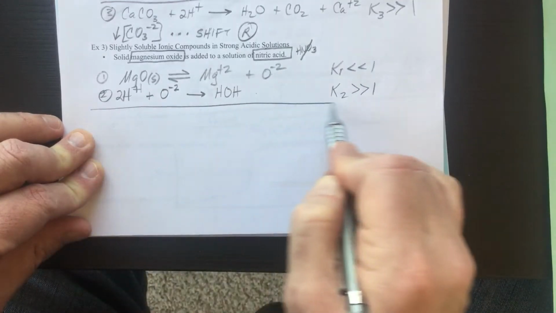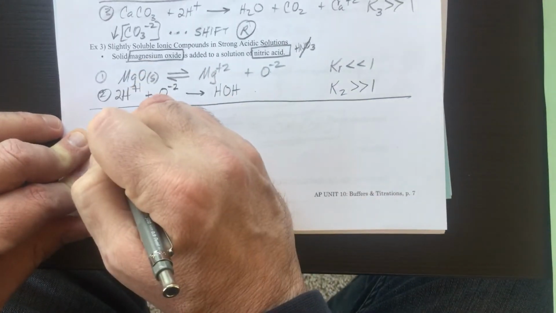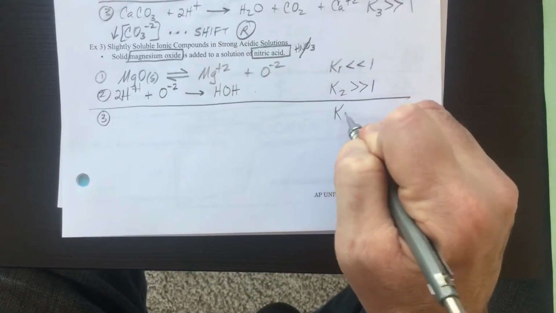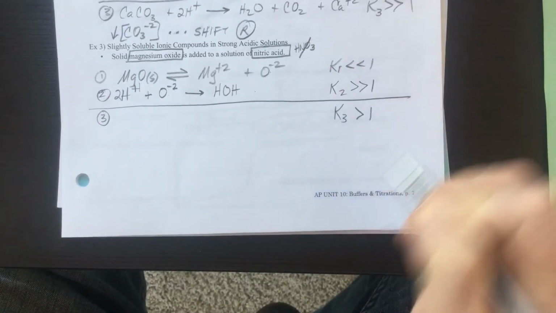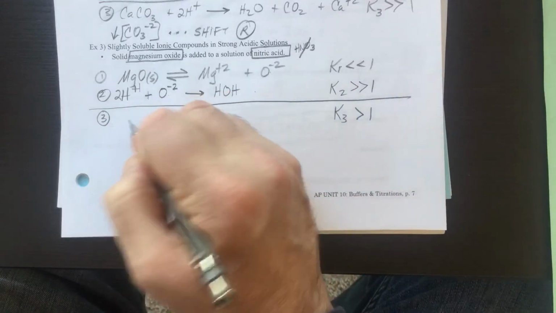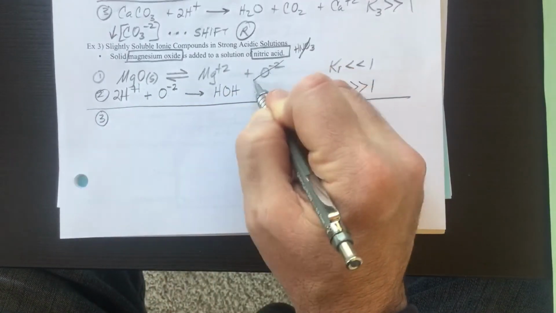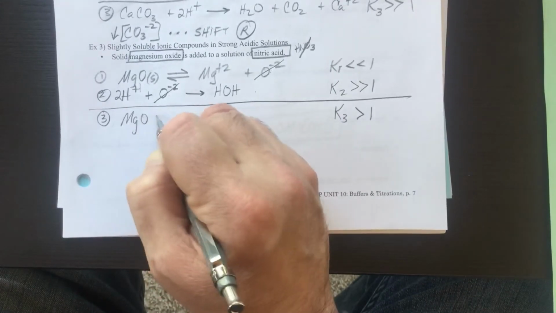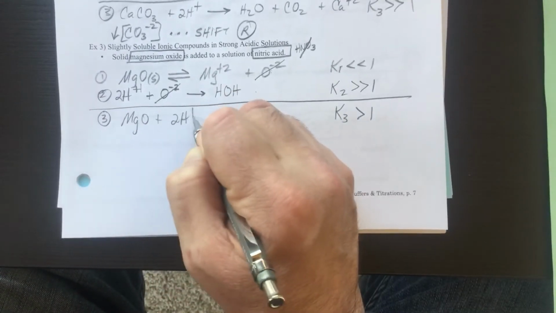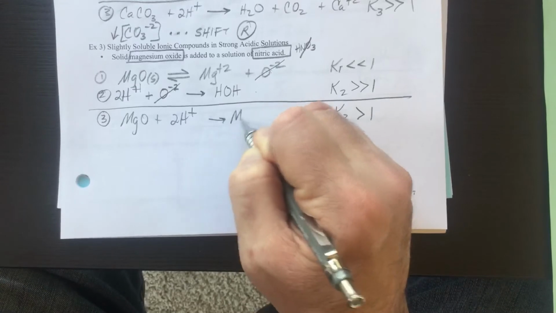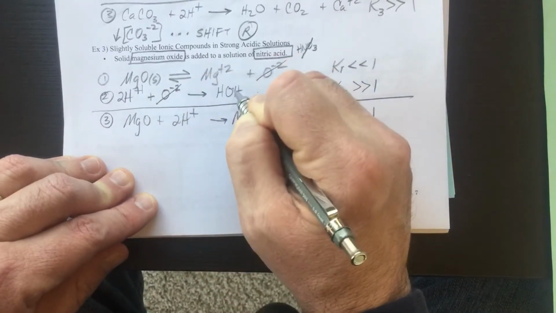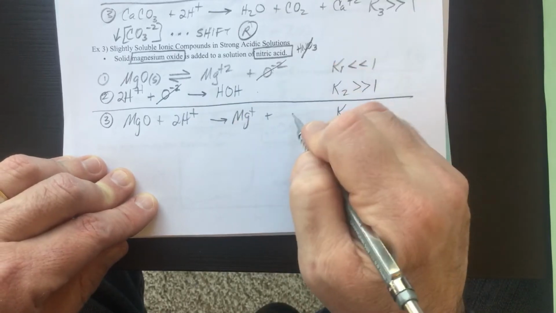And so this second reaction will end up driving the overall process to completion. And so what we'll end up doing, canceling out the oxides, is magnesium oxide reacting with a pair of hydrogen ions to form magnesium ions and a water molecule.